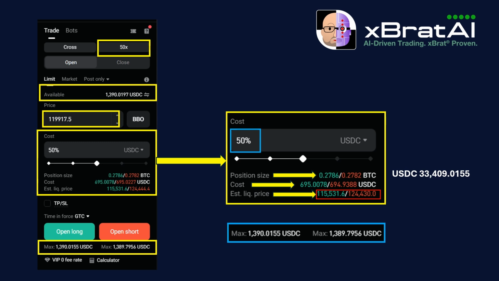But now with more leverage, if your trade goes against you and you hit 115,531, which is a lot closer to the current price, your account will be liquidated. So this is where the importance of those stop losses comes in, that we encourage you to take note of, that the algorithm suggests on the app.